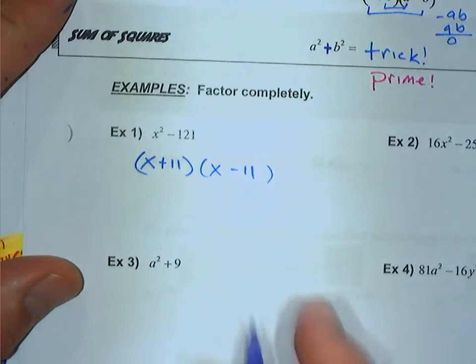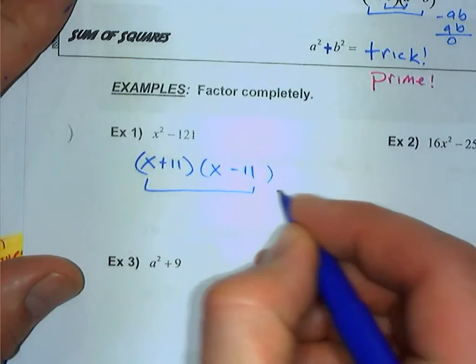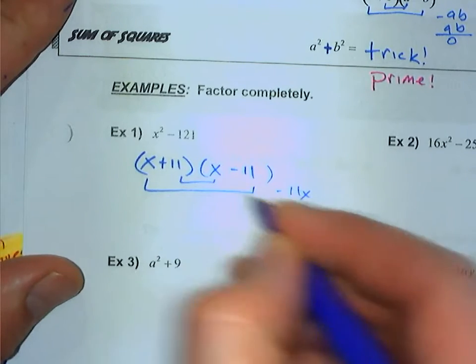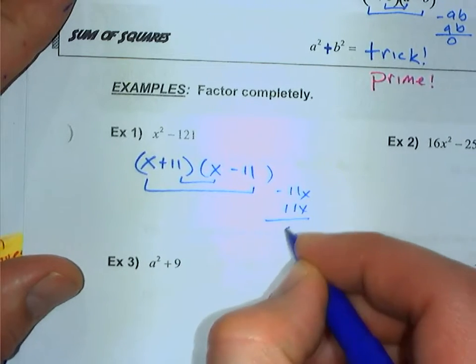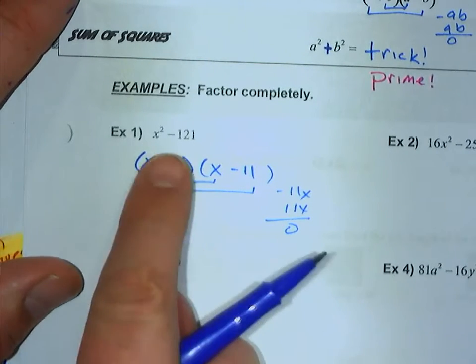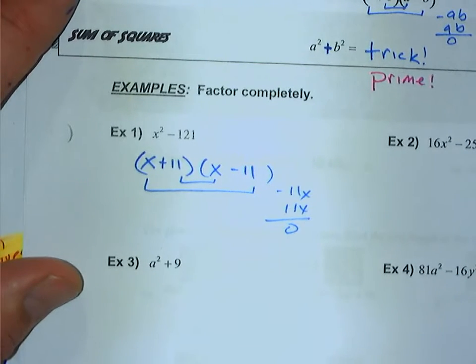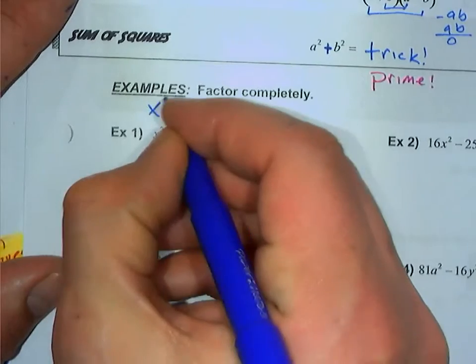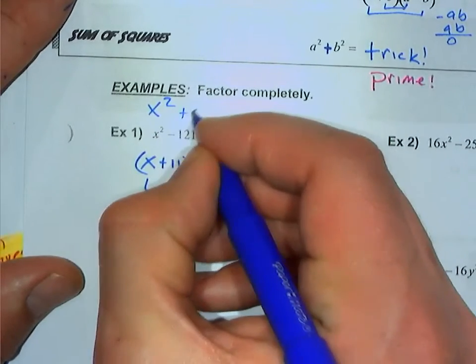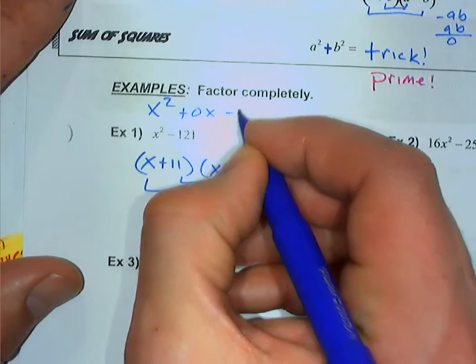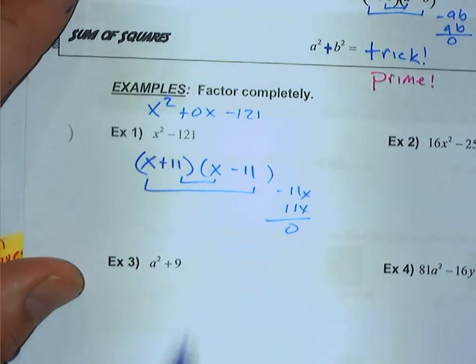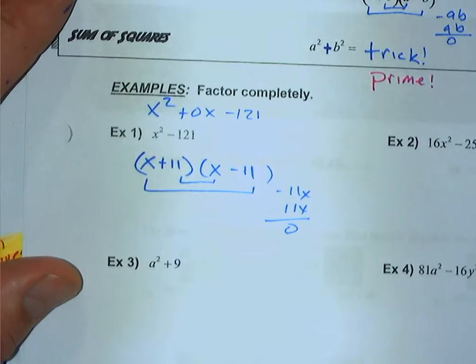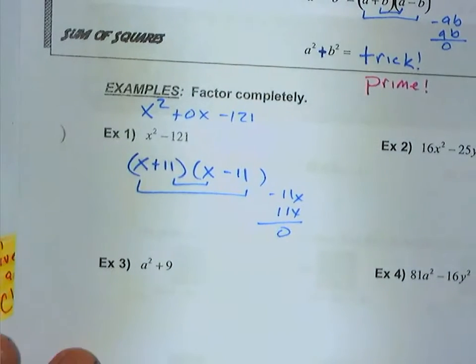And then when you check your outers and inners, negative 11x, 11x gives you 0. And that's what we want. There is no middle term. The idea here, you don't need to do this, but the idea is there's like plus 0x. There is no middle term, so think of there's a 0 there. A 0x term. Okay. All right, let's check the next one.